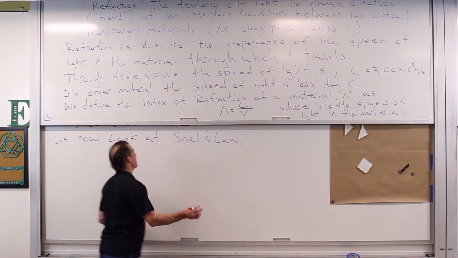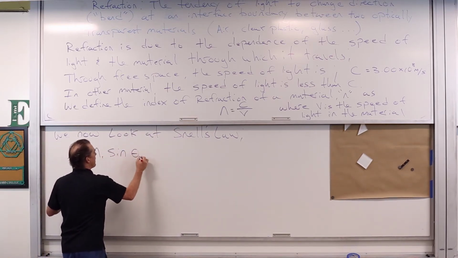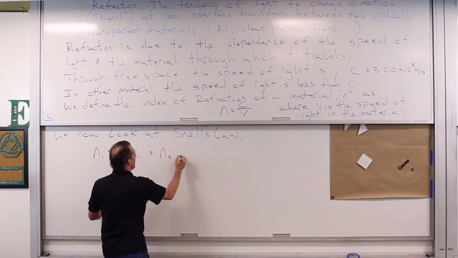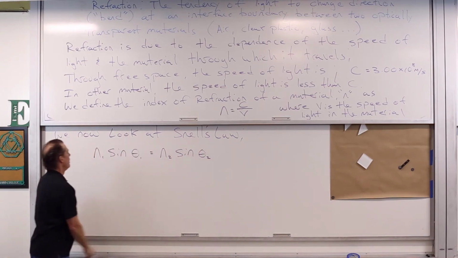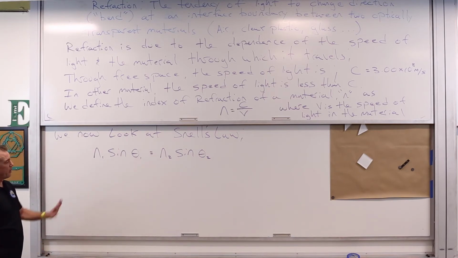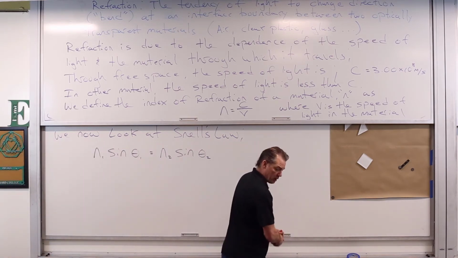Snell's law says N1 times the sine of theta 1 is equal to N2 times the sine of theta 2. So what we want to do is understand what this is telling us and how we can utilize it to figure out the direction that light travels through a given material, given enough information.